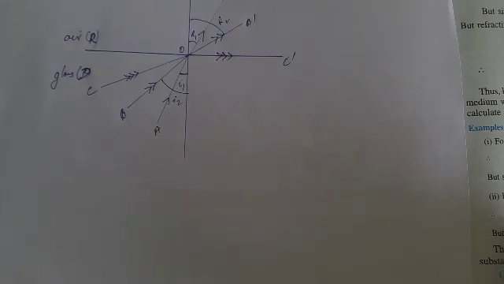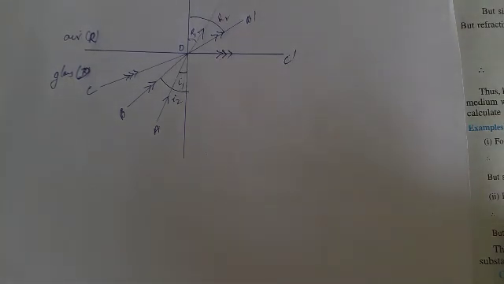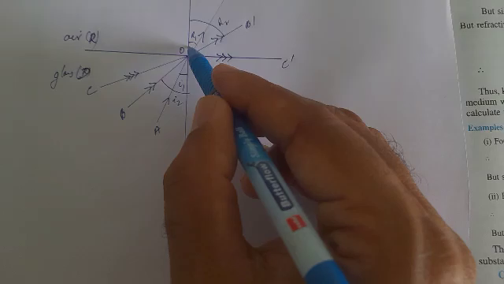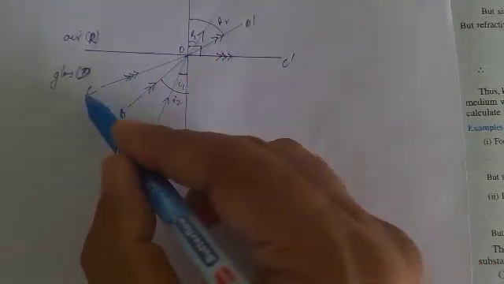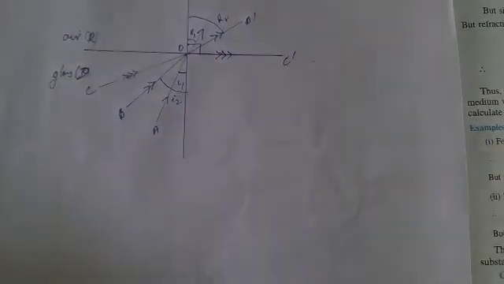Got my point? Finally, it comes to a point when the angle of refraction is 90 degrees. It goes along C dash.